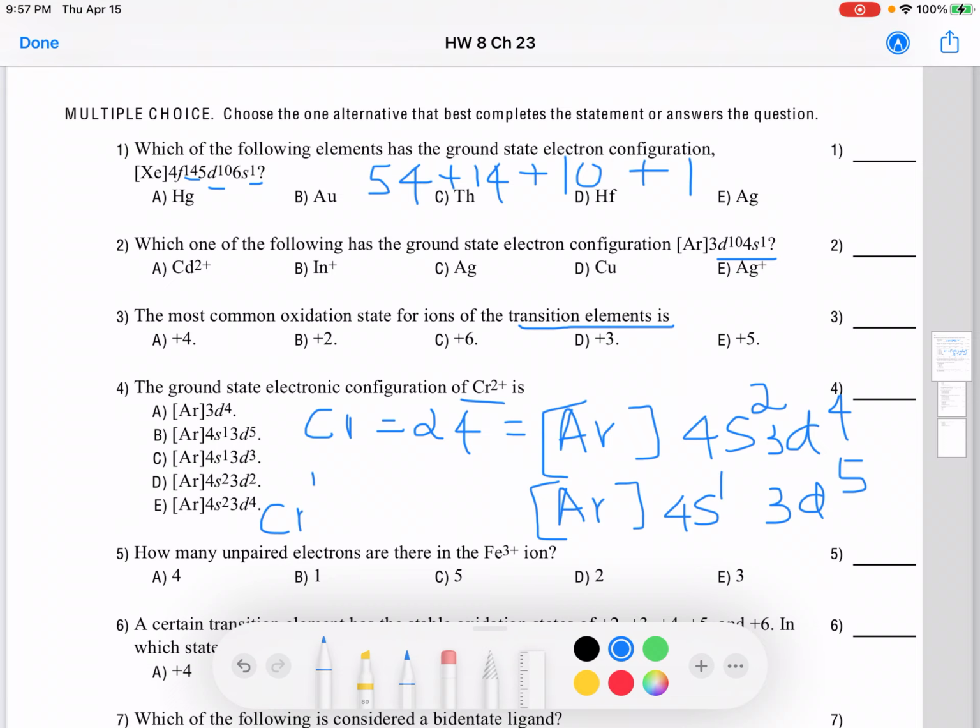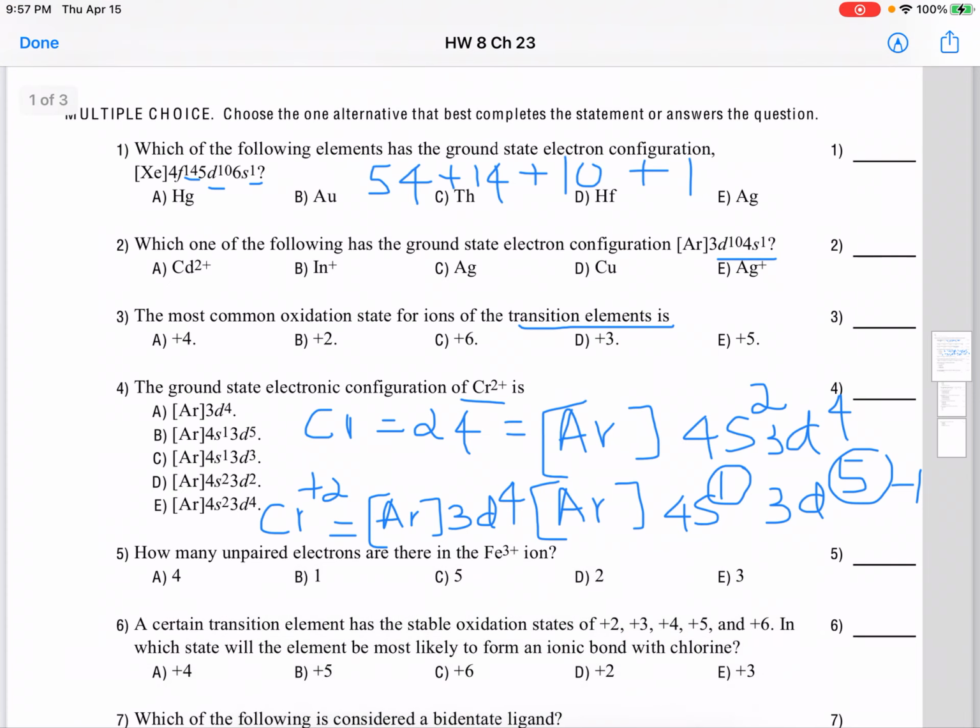But for chromium plus 2, meaning it's going to lose 2 electrons, it's going to lose 1 from the s electrons, s1, and then another one from the 3d5. So when you lose one from here to make chromium plus 2, that's going to be argon, nothing in the 4s level, and it would be 3d4. Okay, that's going to be the answer.